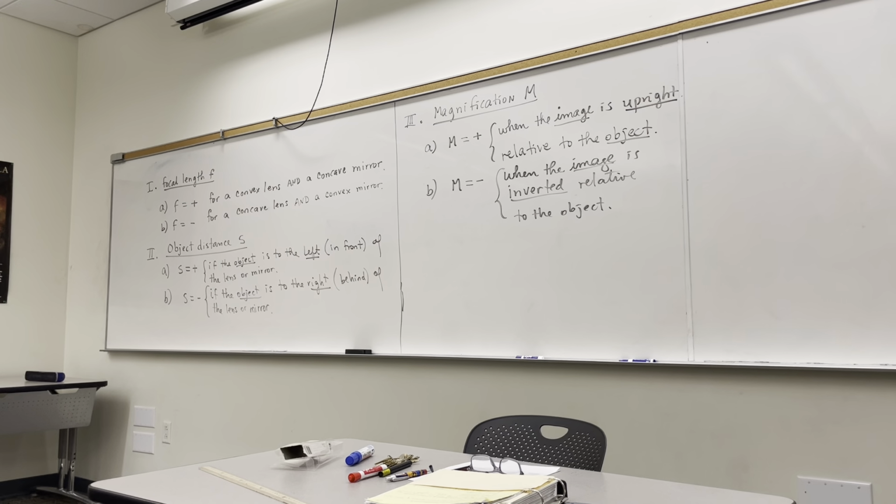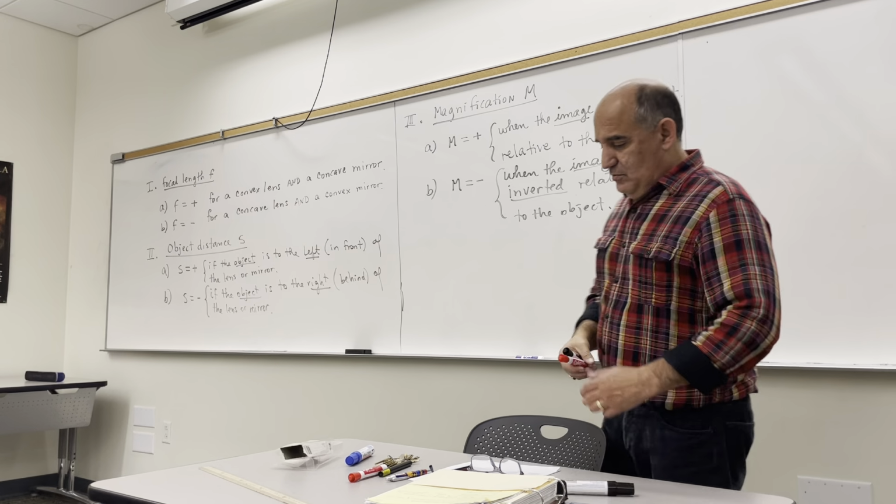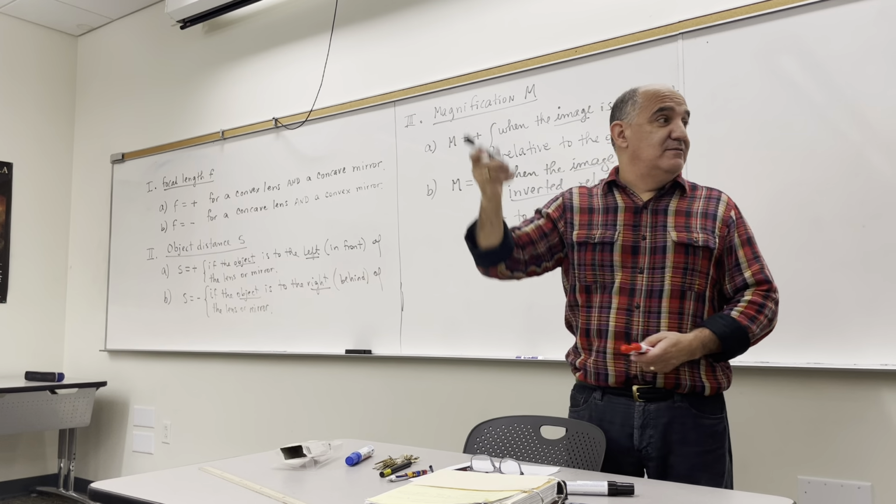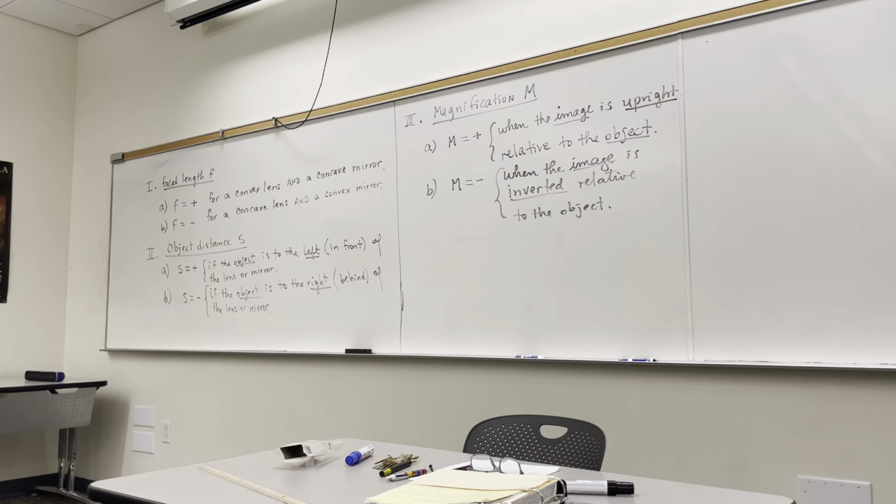Yes? So, suppose I tell you this marker is the object, and I tell you that the image is this red marker, what's the magnification? Negative? It's negative because it's inverted relative to the object. But what is the size of this image relative to this object? 2 times the size.